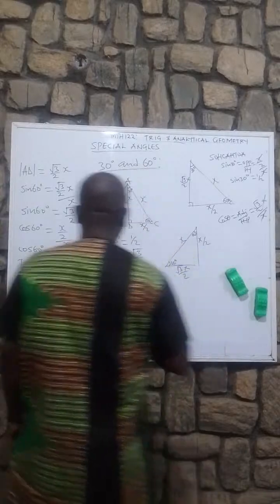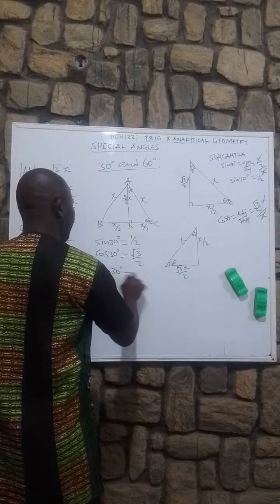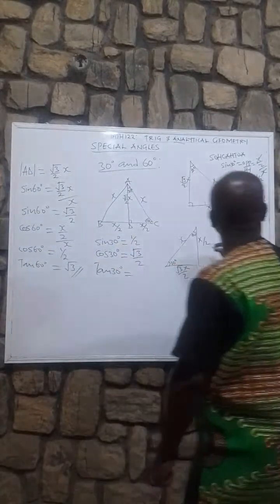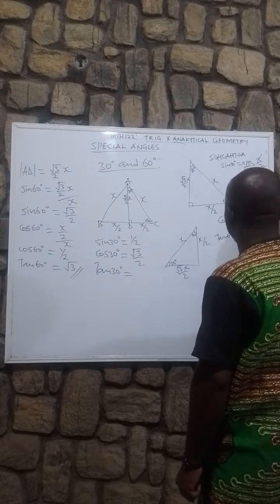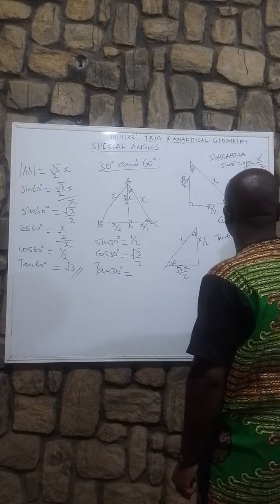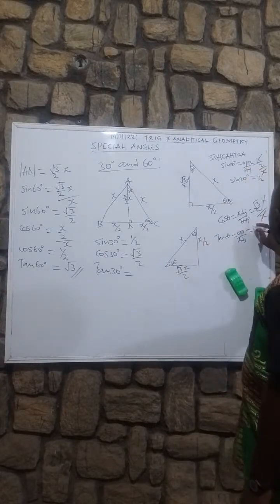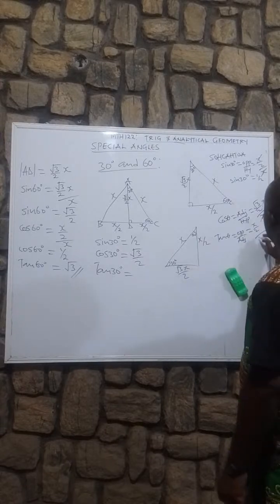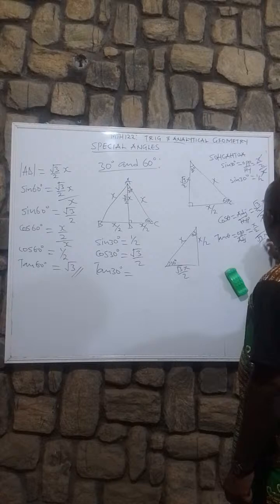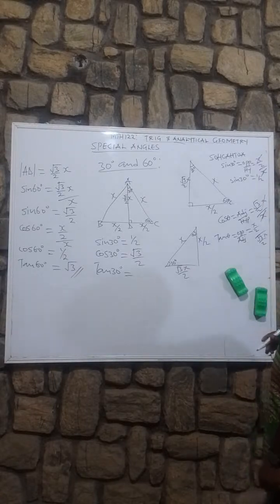Then tan 30 degree is equals to, tan theta is equals to what? Opposite over adjacent. Then our opposite is x all over 2, then all over adjacent is root 3x all over 2. So if you can see what I am saying, you don't need a prophet.